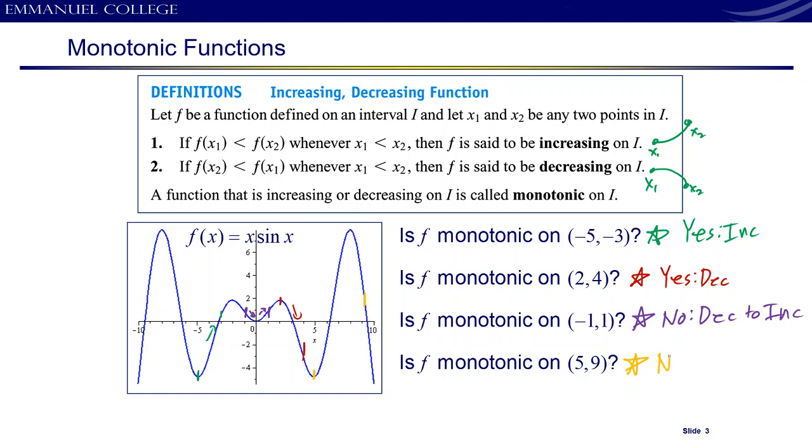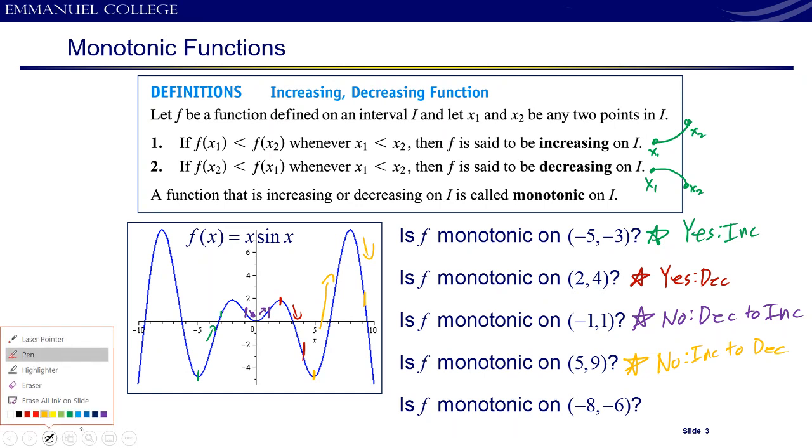That's definitely a no. And again, increasing to decreasing. And this time I'm actually going to write it correctly. So one last one, -8 to -6. So there's -5.